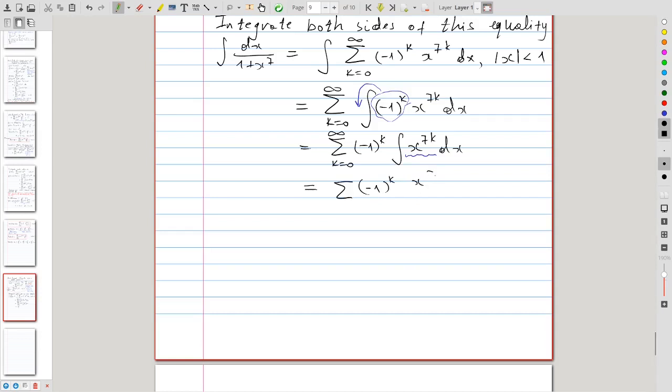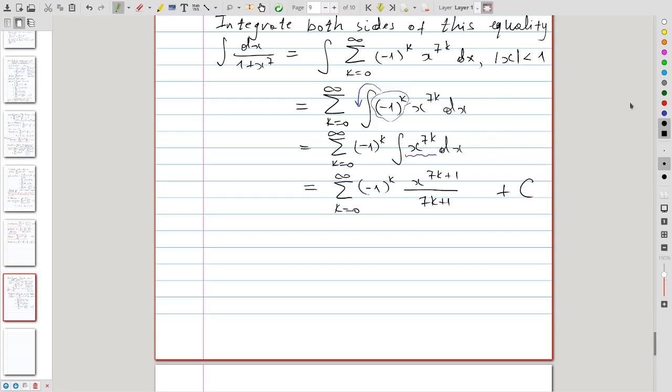You have x to the 7k plus 1 divided by 7k plus 1, k from 0 to infinity. And then we will add the constant of integration. So we are effectively taking all the constants of integration from all this infinite number of integrals and combining these constants into a single constant of integration here.